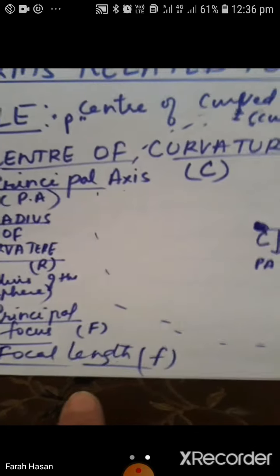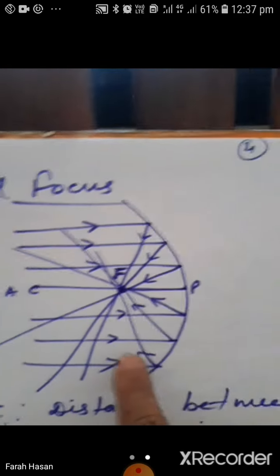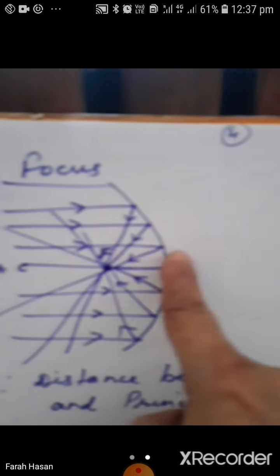Now next is principal focus. What is principal focus? This is very important to understand, and to understand this, let us see another diagram. Now suppose we take the incident rays which are falling on this mirror, on the reflecting part. Suppose they are falling parallel and near to the principal axis. So one ray is here, then the other is here, then the other one.